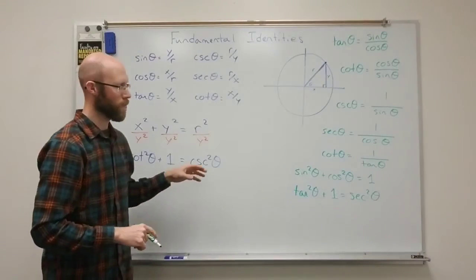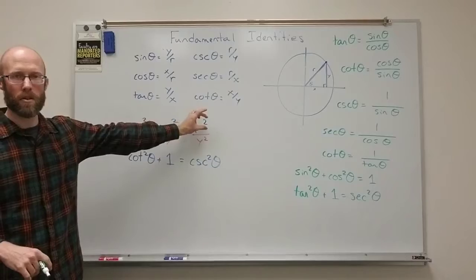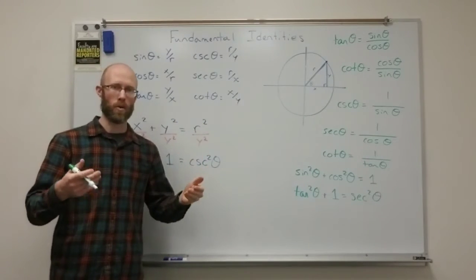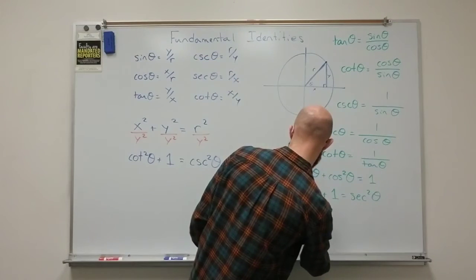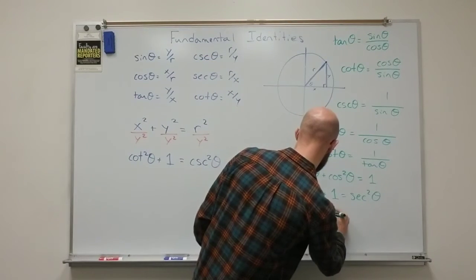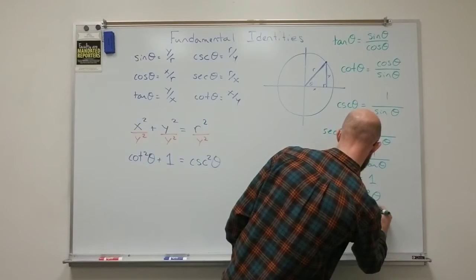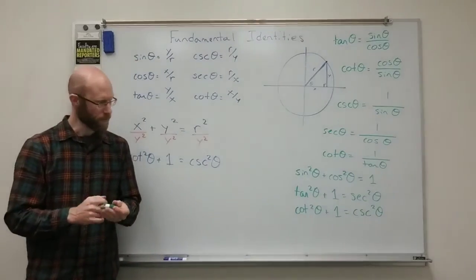Again, we can construct these based upon the Pythagorean theorem and then dividing both sides by either r squared, x squared, or y squared. And so we get the cotangent squared plus 1 is equal to the cosecant squared, okay?